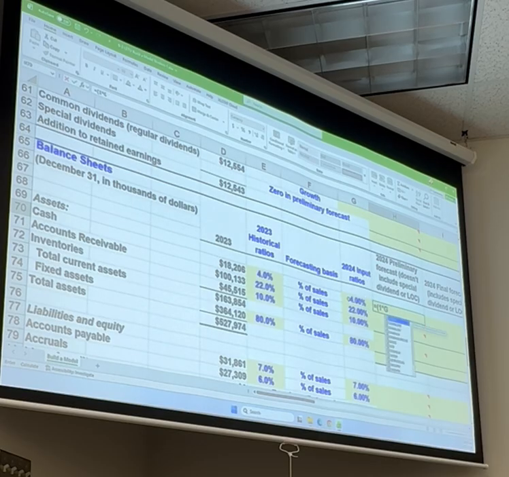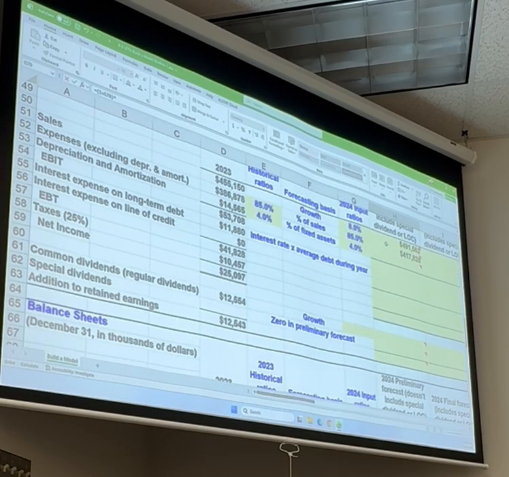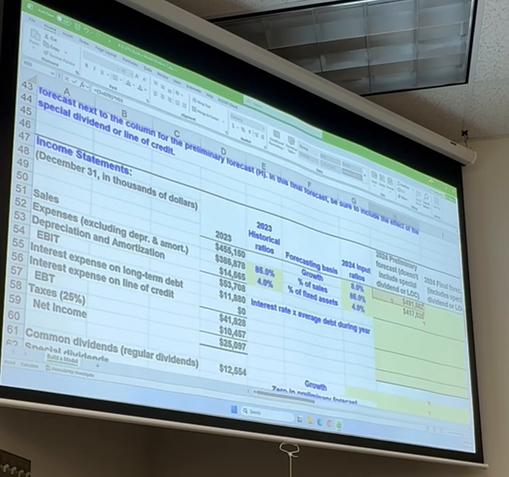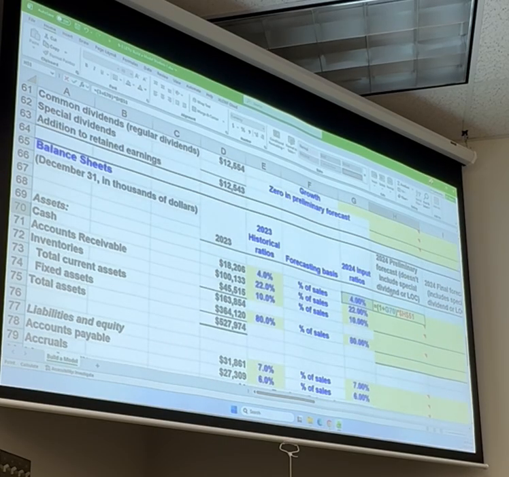I did. Okay. Times our forecasted sales. All right, should be able to copy these two down.